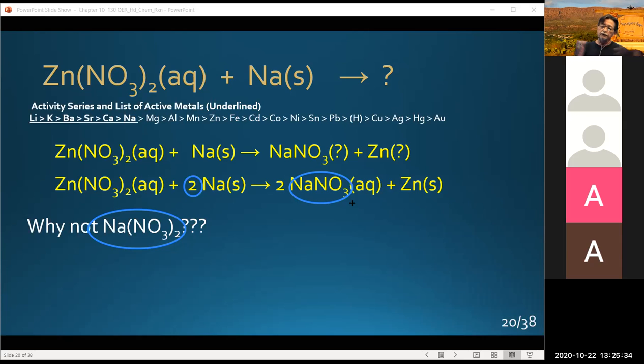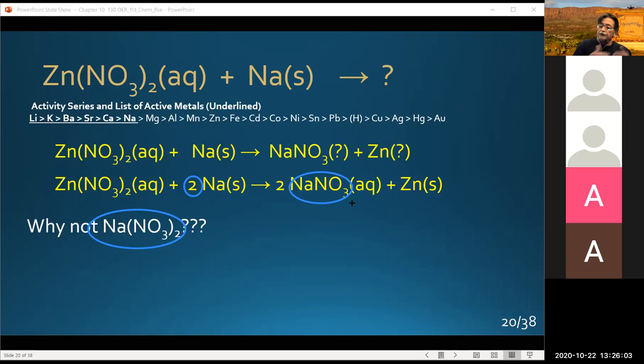So we think about it. I'll give you a hint. What group is sodium in? Sodium's in group 1, so it's going to have a +1 charge. Exactly. And the nitrate has a -1 charge, and when it says there's 2 right there, that makes it a -2, so they're not balanced out.